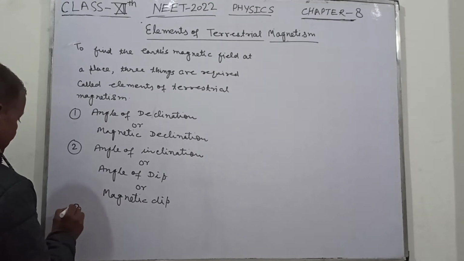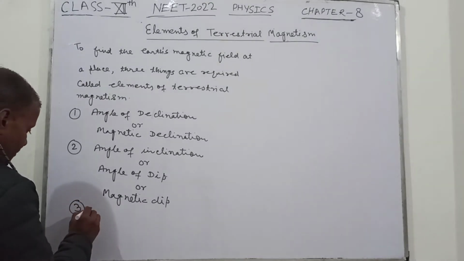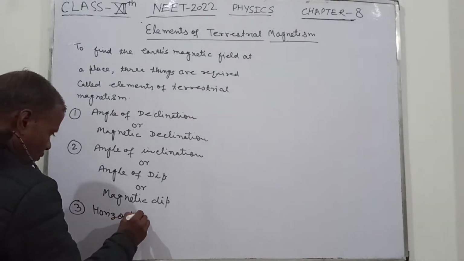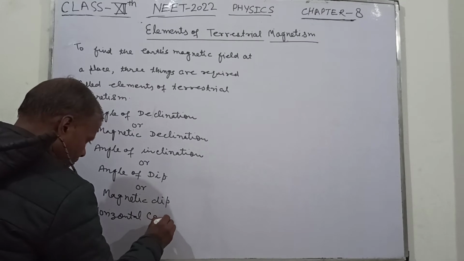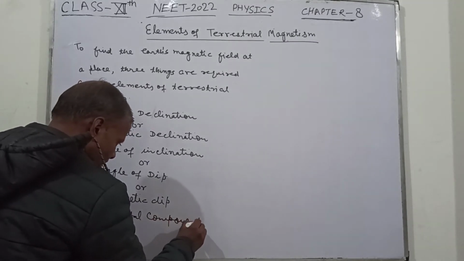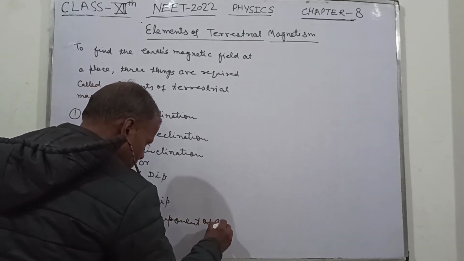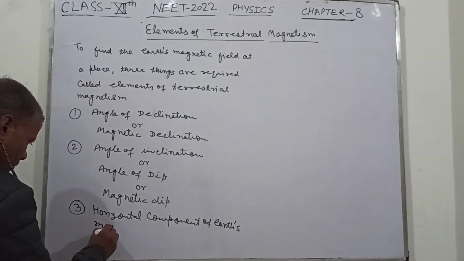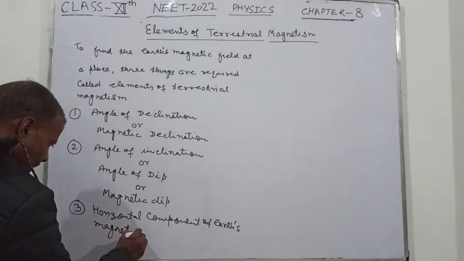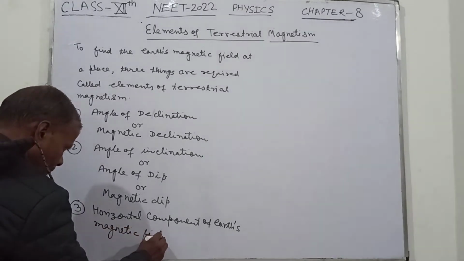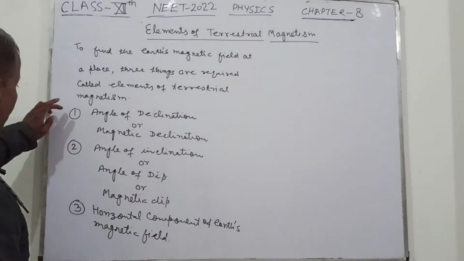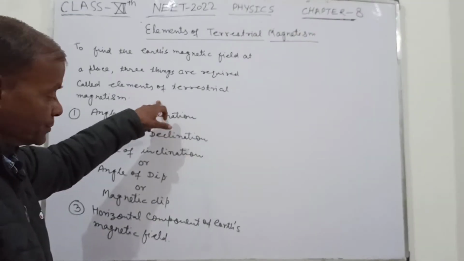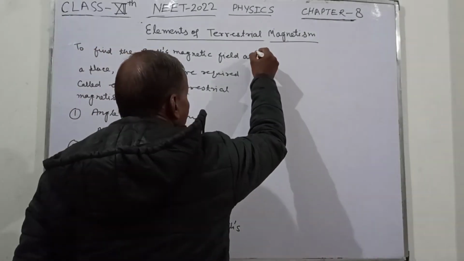And the third thing that we require is the horizontal component of Earth's magnetic field. These three things are required to know the terrestrial magnetism at a place. So now we take one by one.